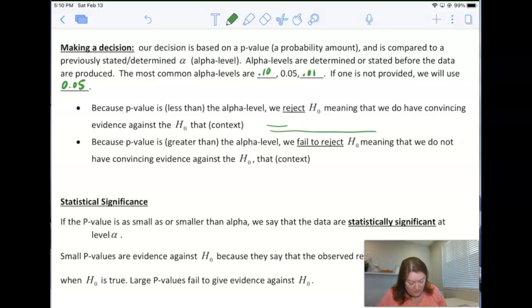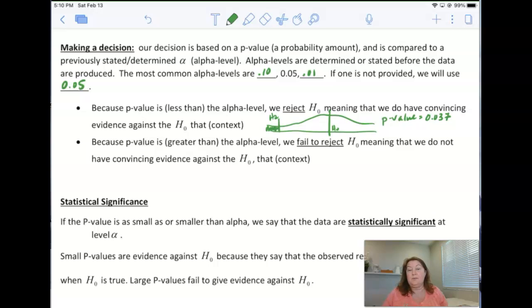Let's say we have our claim, this is where H sub O would go, okay? And I end up with a probability on a less than alternative, so we have an H sub A, and I add up all of this amount and I get a p-value that is equal to 0.037.